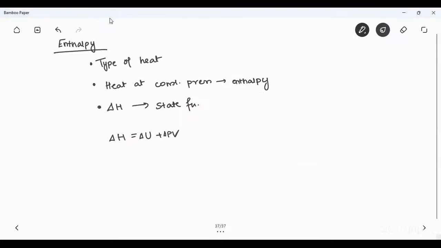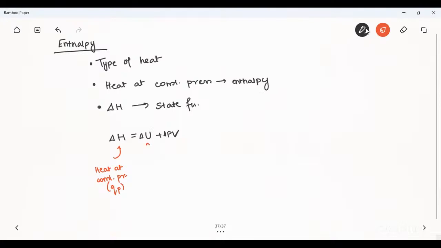Now I will be telling something from this, so accordingly you will understand. Now, this is heat at constant pressure, so this will be Q_P, the heat at constant pressure, which we refer to as the enthalpy.